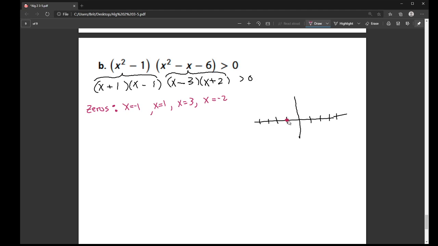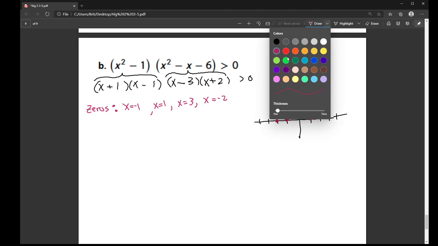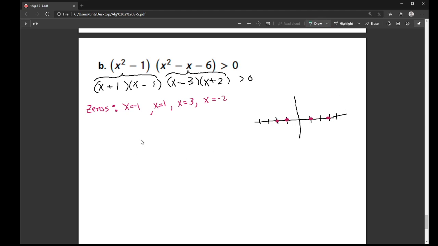And so I'm going to go ahead and put those on our graph right there. And so then all that we need to do is pick a test point to see how this graph is going to behave. Each of these zeros has a multiplicity of 1, so it's going to pass through all of the zeros. And well, I like the number 0, so I'm going to use the test point of 0.